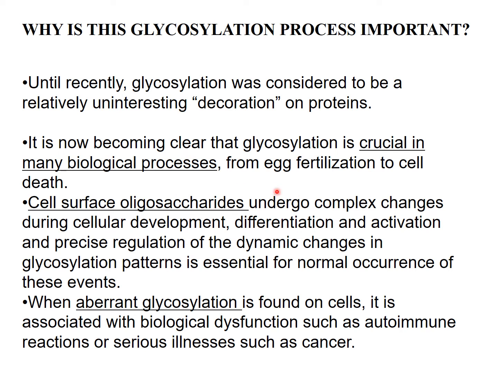I just put here that fertilization of the egg requires glycosylation of the surface for the sperm to be able to fertilize the egg. When we have cell death, then certain protein glycosylation units are recognized, and so on. And the cell surface oligosaccharides are very rich in playing roles in lots of things that the cell is doing. It's very important to actually change the pattern in development, differentiation, etc.